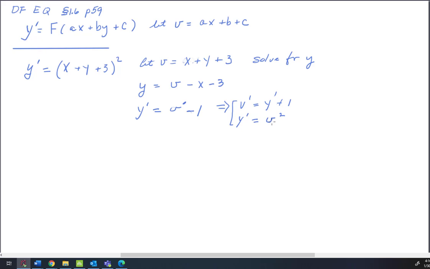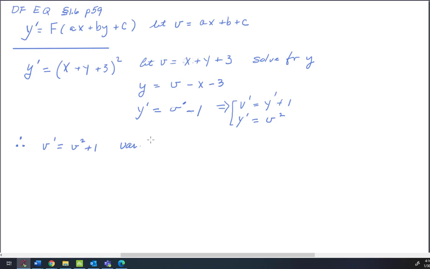Well, from here, if y prime is v squared, then I can write, and I'll give us a big therefore, v prime is equal to v squared plus 1. You recognize what we've got here?